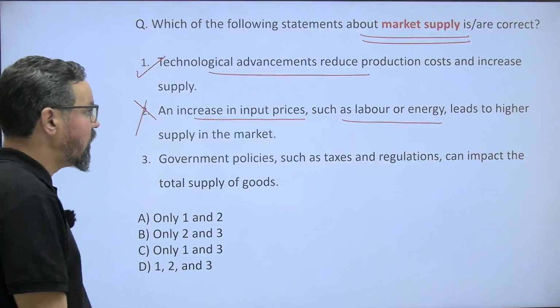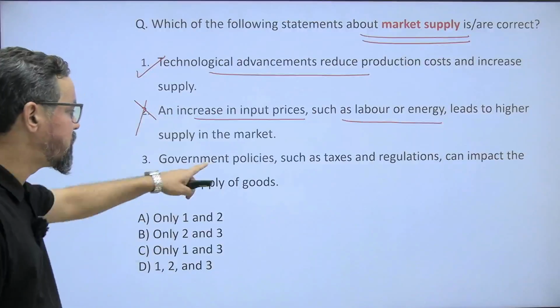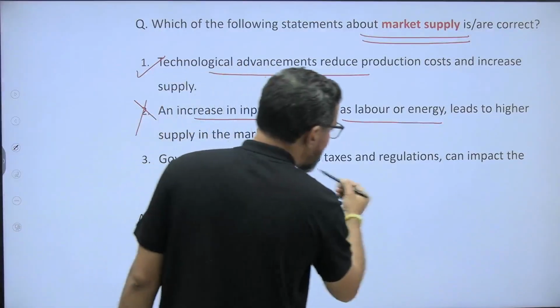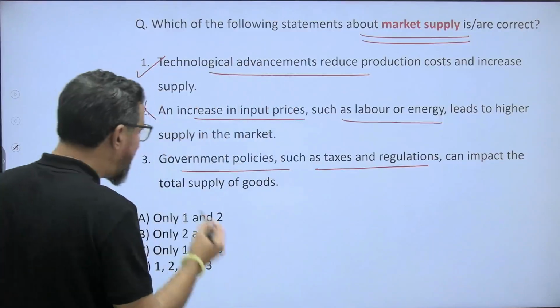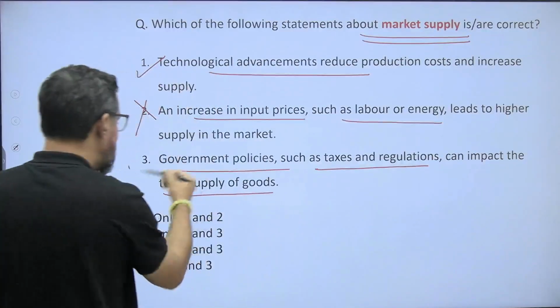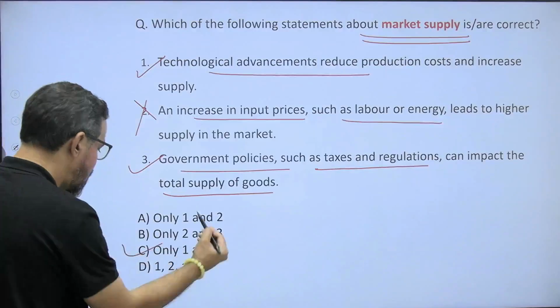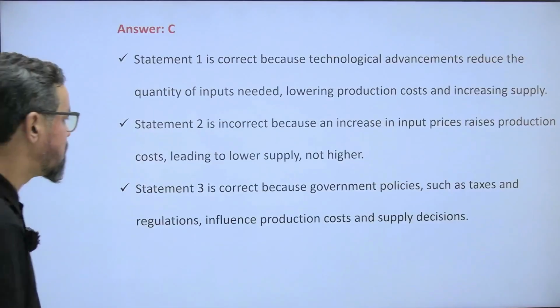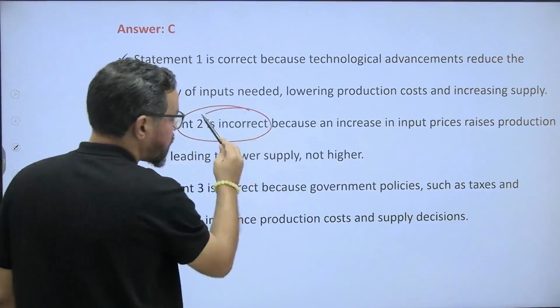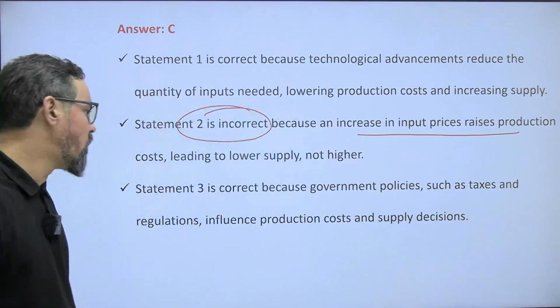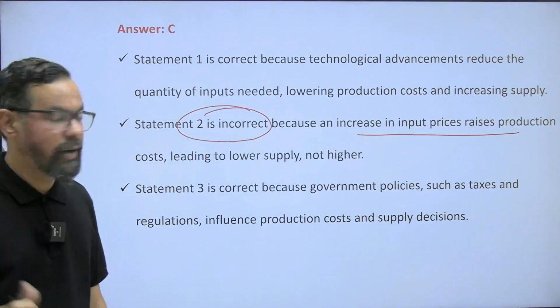Government policies such as taxes and regulations can impact the total supply of goods. Yes. So 1 and 3 are correct, which means option C will be the right answer.